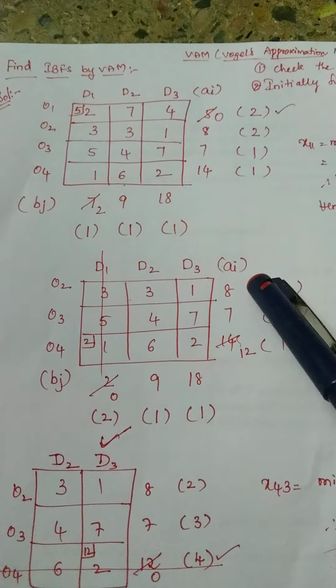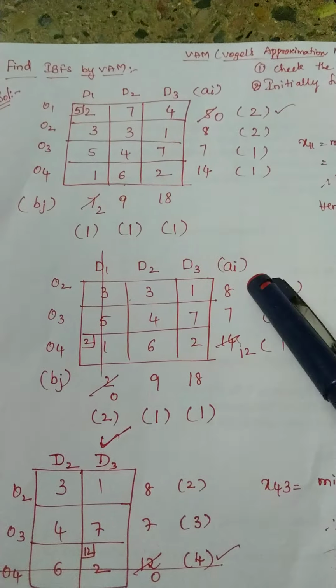Here 2 is the least value. So we check that the value 2 goes towards the least value in the destination D1, that is 1. Here we give the quantity in the cell x41. So x41 equals the minimum of 14, 2. You will get 2, hence D1 is deleted.